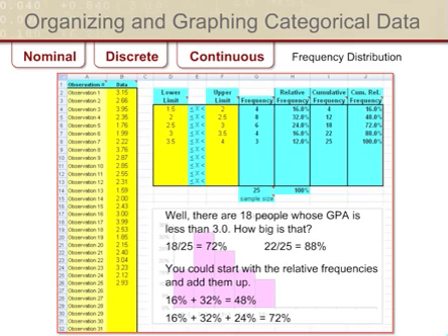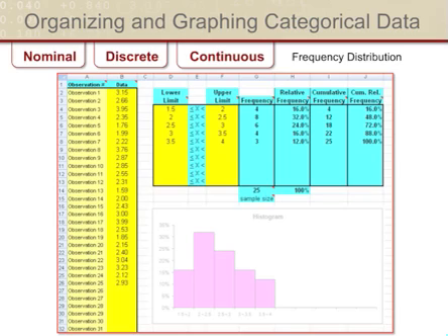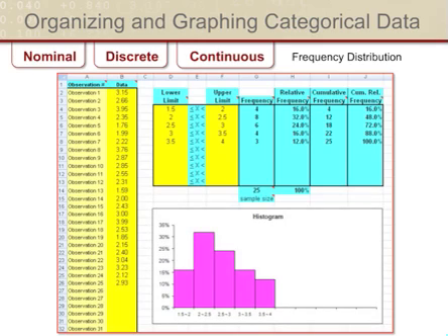Either way, you get the same thing, and we call that the cumulative relative frequency. And it does have merit to say 88% are below this, 72% are below this, and so on. So we took this simple data set, and based on the way we grouped it, we have 4 different ways to read that data. Below it, we have a graph that's known as a histogram.